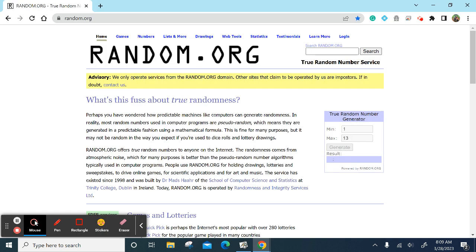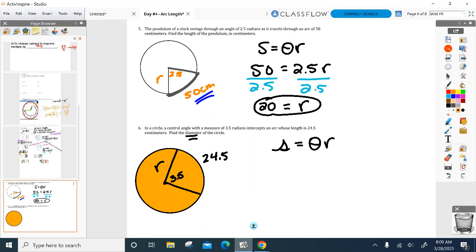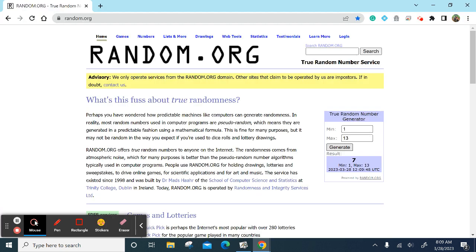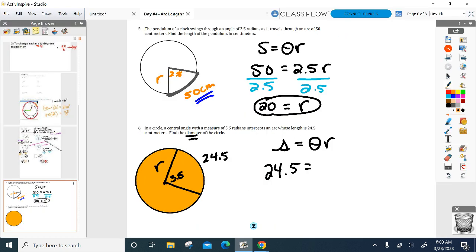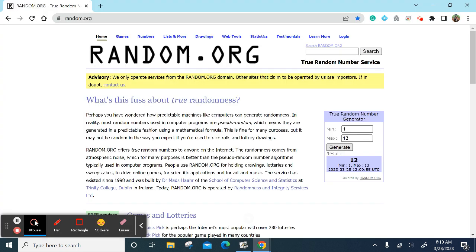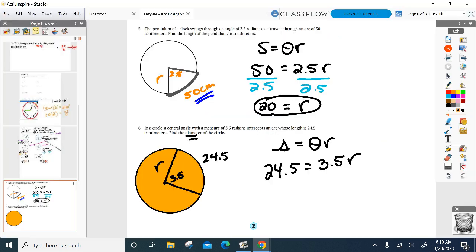What's my S value here? 24.5. Theta value? 3.5. Looking for R so I can get to the diameter. What are you doing on both sides to find R?